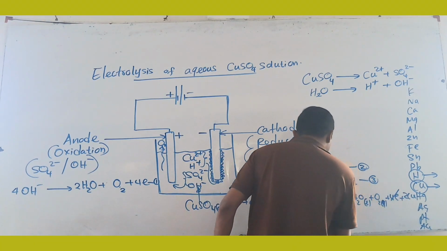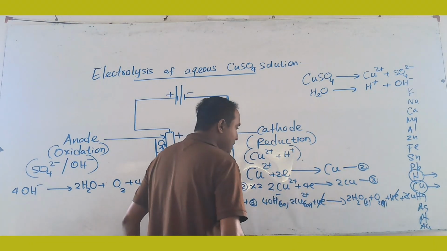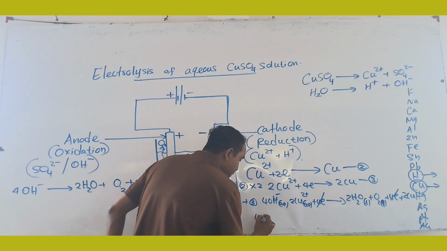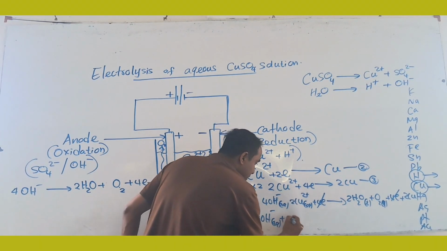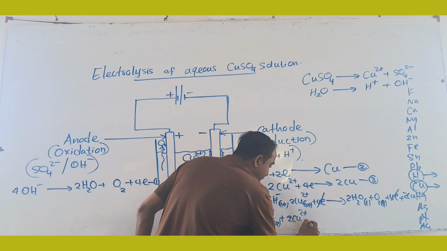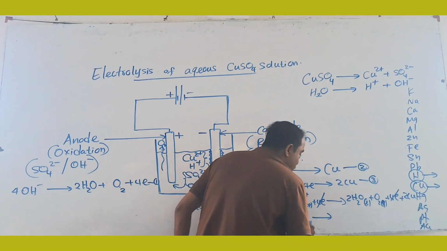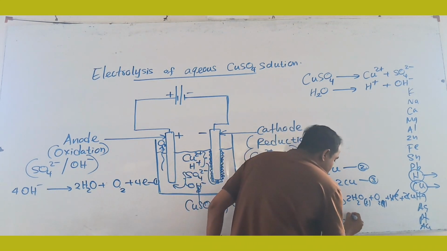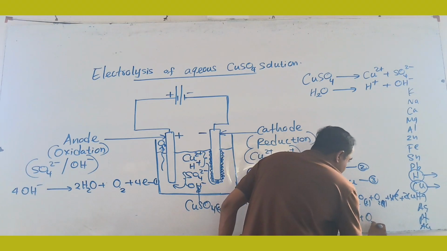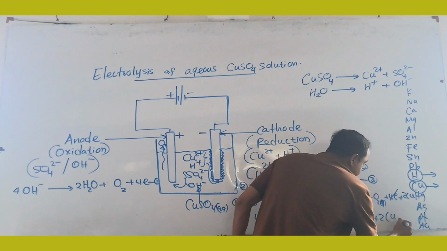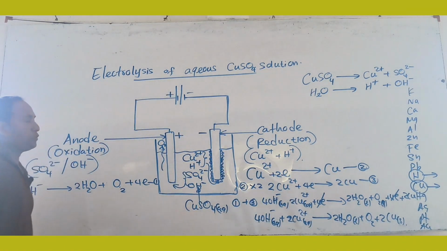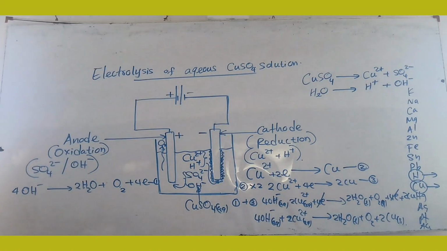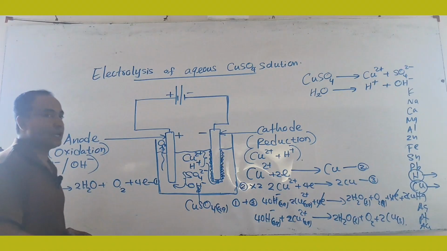Then the 4 electrons can be cancelled. After that it can be written: 4OH- (aq) plus 2Cu2+ (aq) forms 2H2O (l) plus O2 plus 2Cu (s). Right. This is the overall reaction of the electrolysis of aqueous copper sulfate solution.